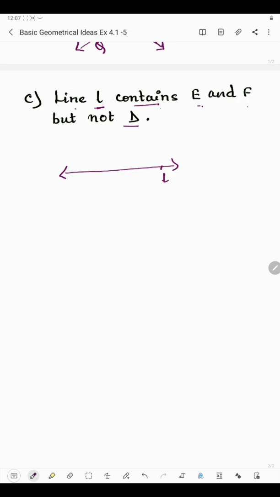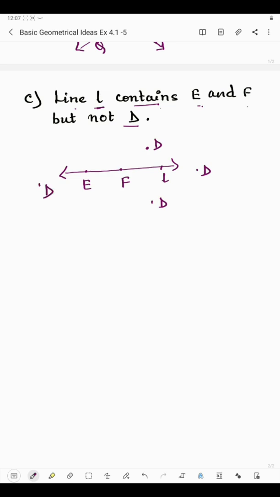Now it is said that this L contains E and F. So that means E and F can be anywhere on the line L but not D. So D can be anywhere outside of the line. So D can be here also, here also, here also. It can be anywhere outside of the line.